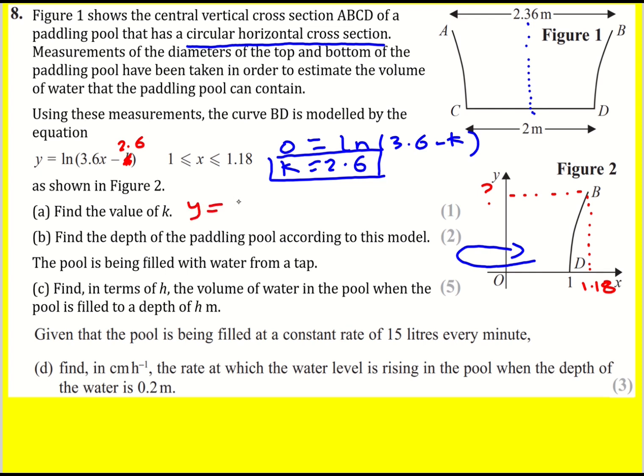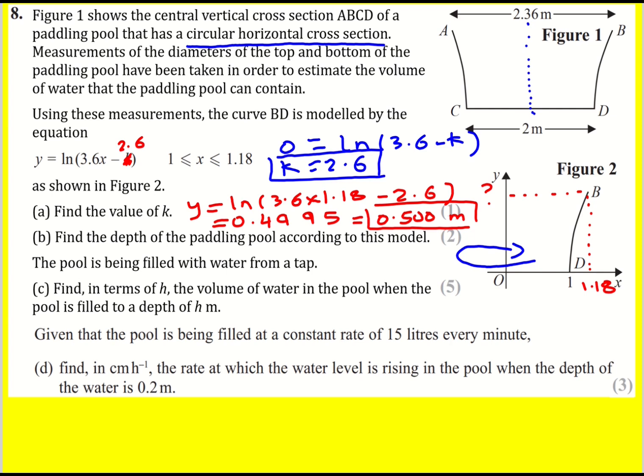So y is going to equal ln(3.6 times 1.18 minus 2.6). If you put that in your calculator, it ends up being 0.4995. I rounded that to 3 significant figures, 0.500 meters, so essentially half a meter.